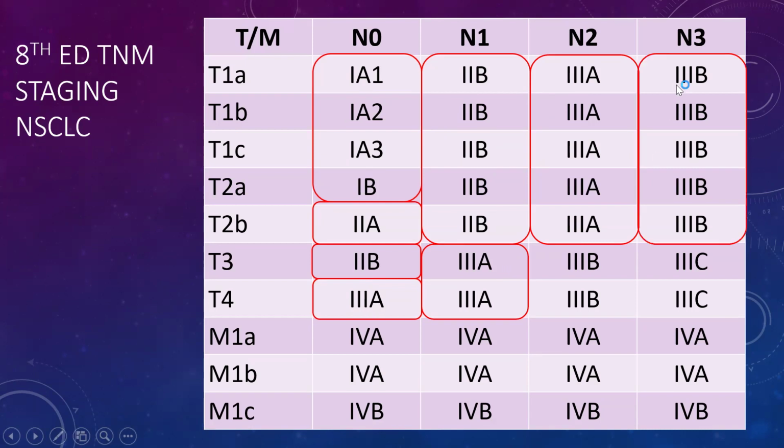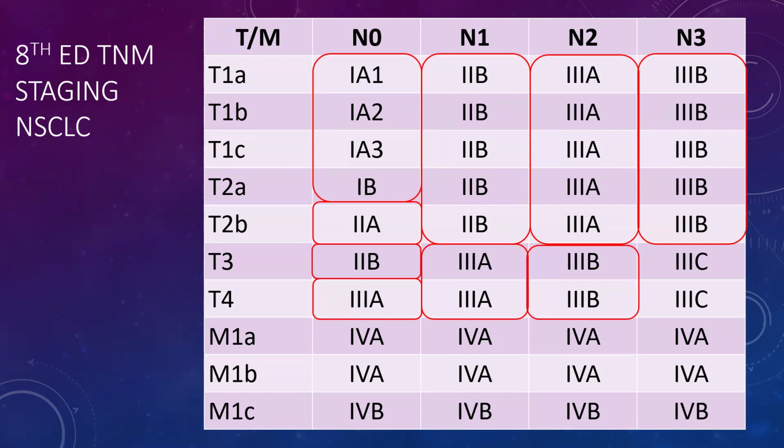Next is if you have a small mass less than 7 centimeters with N3 involvement, again N3, anything contralateral or anything distant from the lungs, that is your N3 lymph node. So small mass with N3, that's stage 3B.